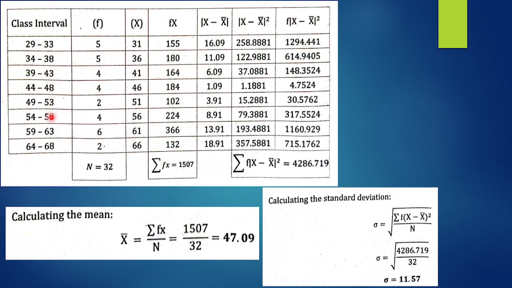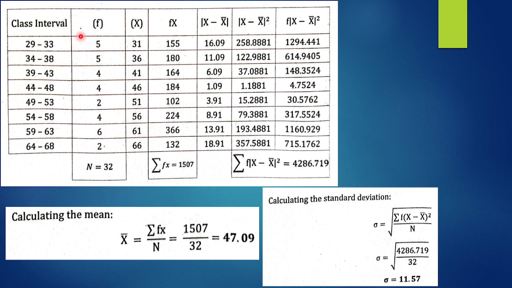So 2, 4, 6, 8. As stipulated, they probably did not put 69 to 73 here because there is no frequency. But if that happens and there is no frequency, and the problem still indicates 9 class intervals, you still put it in. But here it is not included, okay?